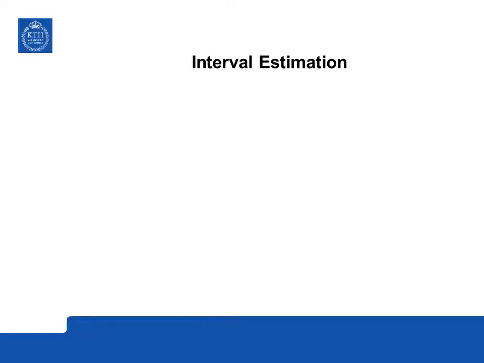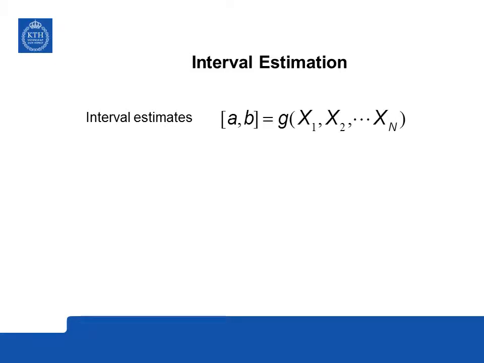So let's leave the point estimates for a moment, and let's go to the second type of estimation. That's what we call interval estimation. An interval estimate looks like this. It is an interval a and b, and this interval is again derived as a function of the samples.